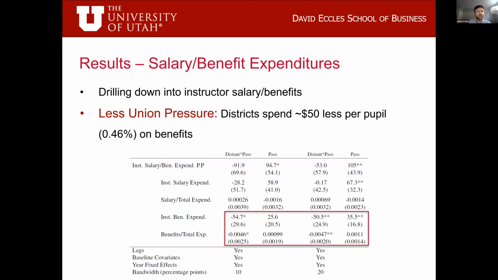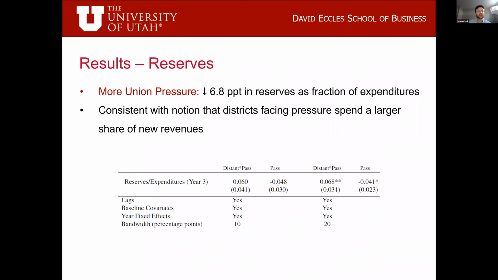Okay, so drilling down into instructor salary and benefits, the districts that face less union pressure are spending about $50 less per pupil on benefits. And that's consistent with what we saw earlier in the actual contracts. This is now in the finance files, so we're seeing a similar pattern here. And then if we look at the reserves, this is that restricted data that shows their 5-year forecasts of their fiscal health.